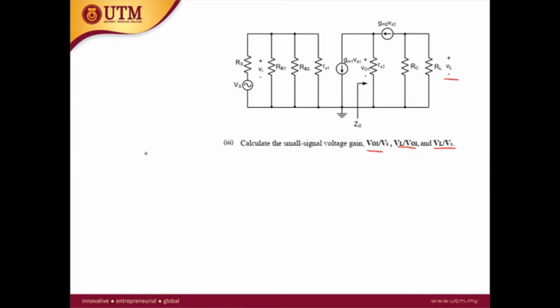For the first one, V out 1 over VI. So what is V out 1? V out 1 is the voltage.